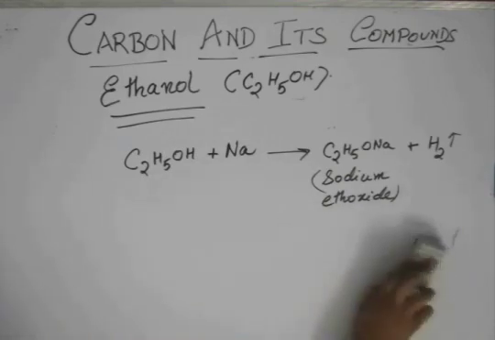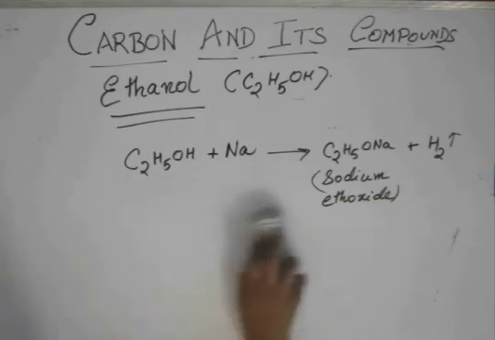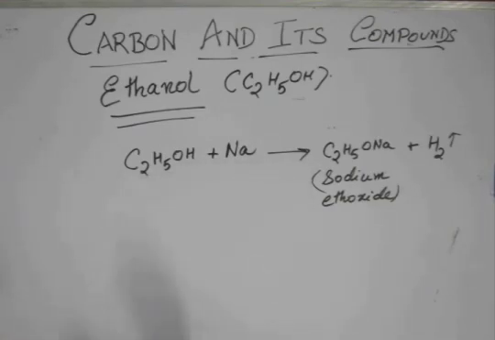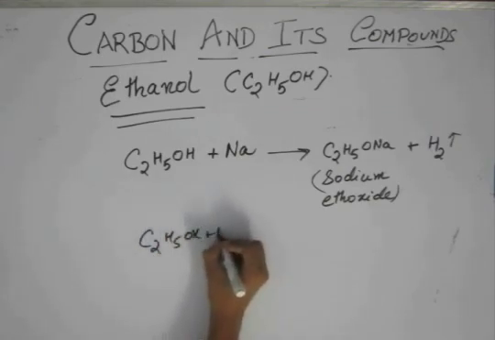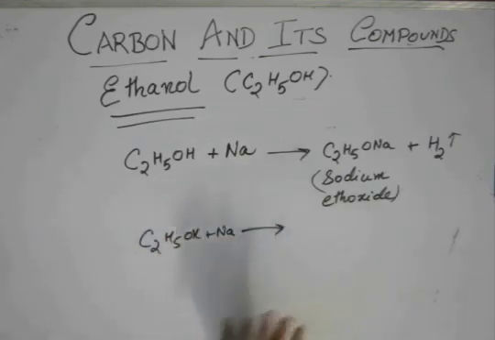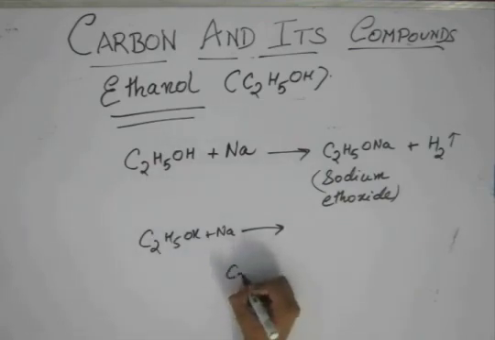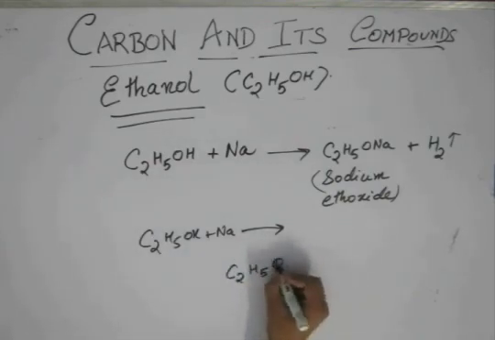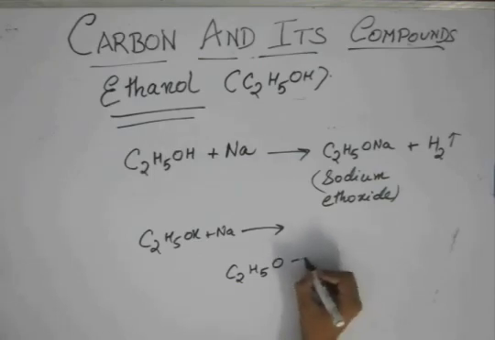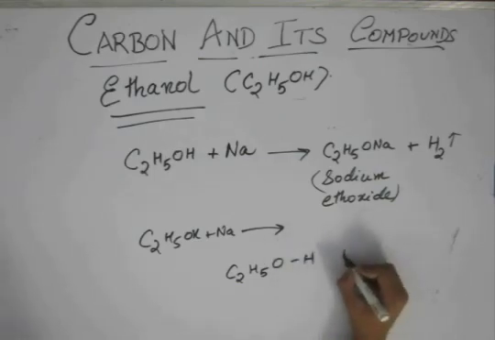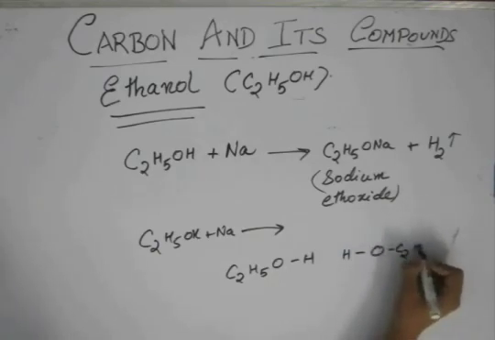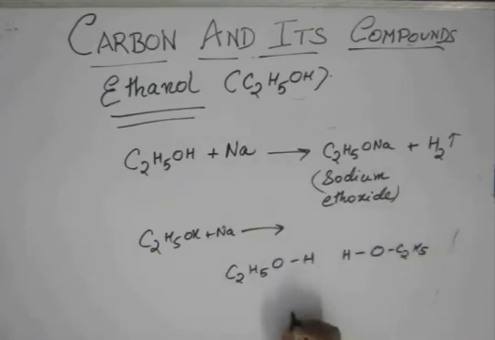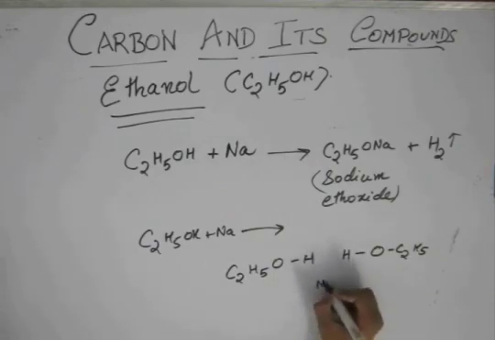And one nice way to remember this reaction, if they just write simply C2H5OH plus Na, and suppose you forget the products: take this C2H5O, this is the same compound, and you have Na and Na.